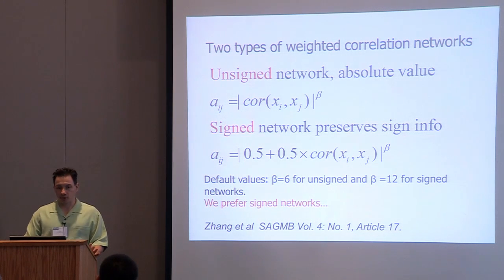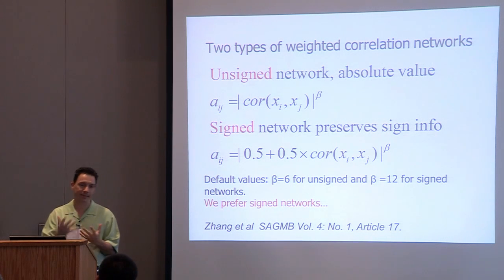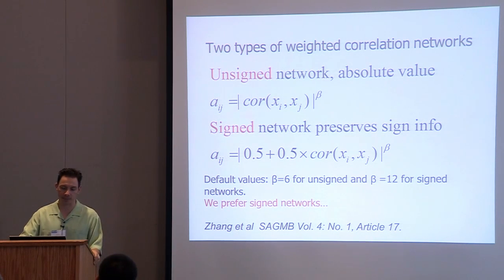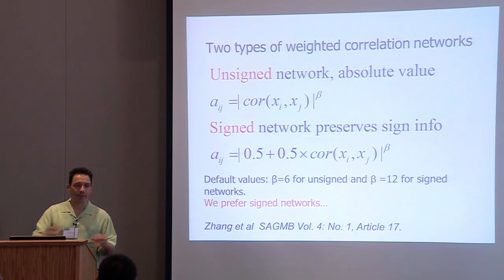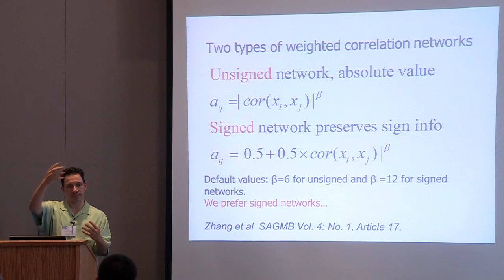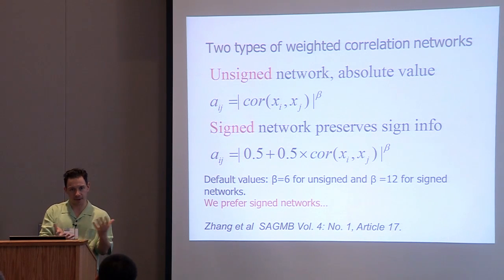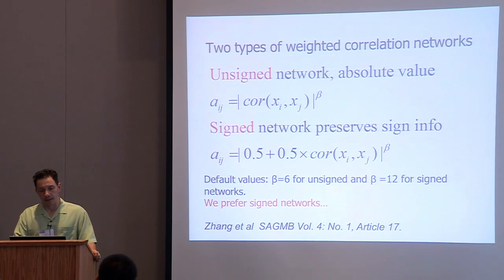So later I will show you data that show that often modules correspond to cell types, and then in this case, to find these cell type modules, we typically want a signed network. Why? Because we want genes that are overexpressed in one particular cell type. That would be a nice module.